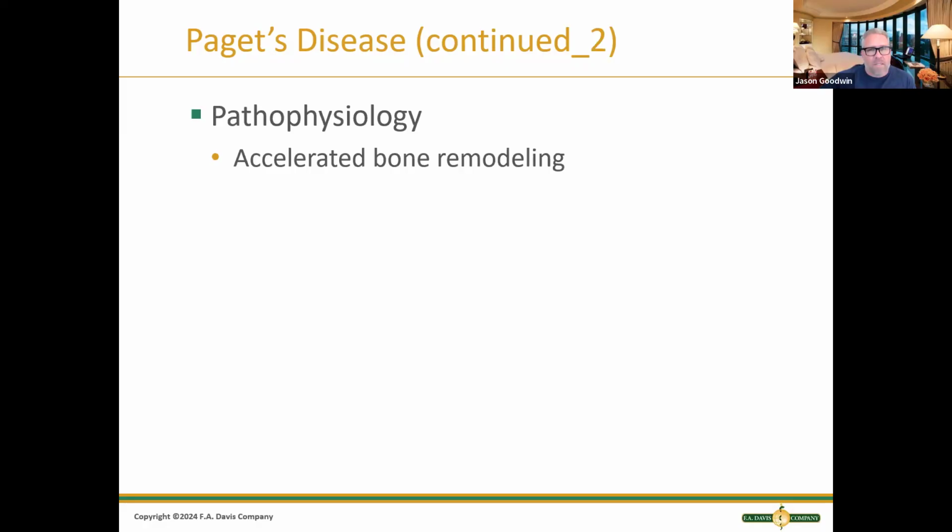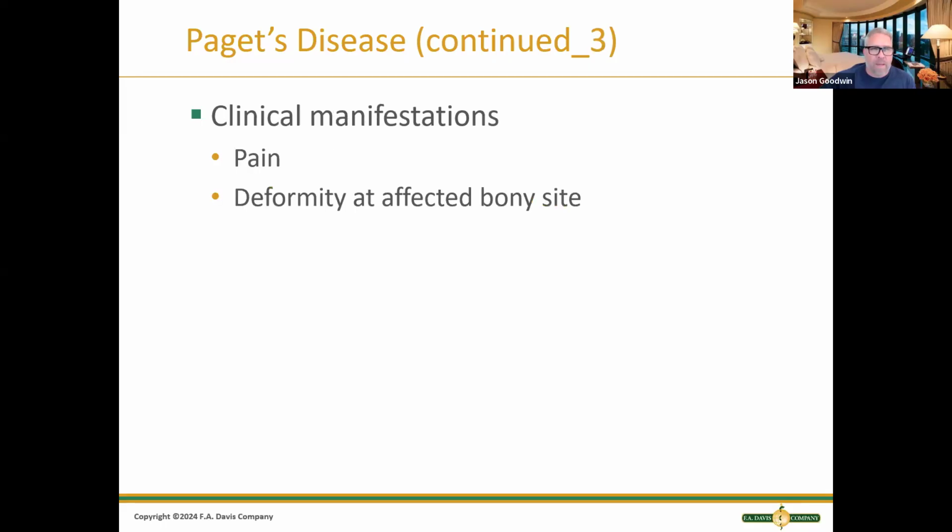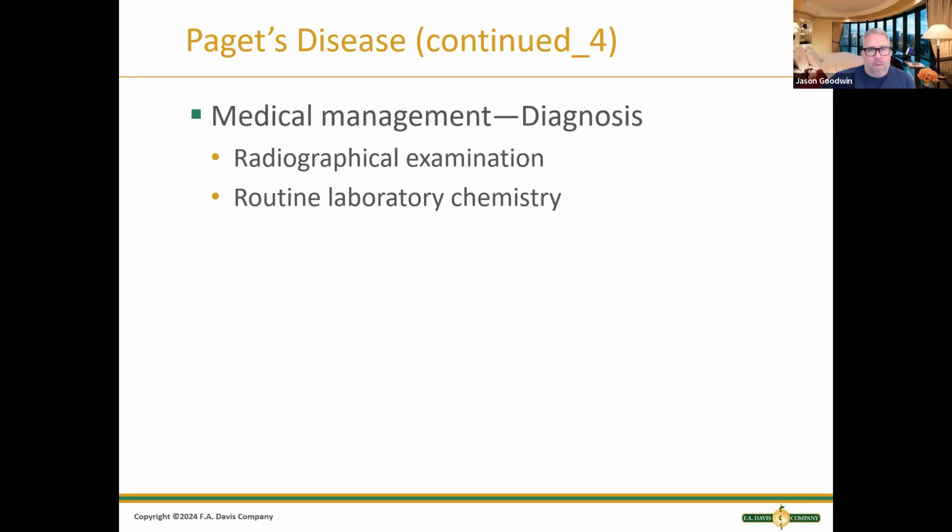So what it's going to do is accelerate bone remodeling. So it's going to cause enlarged, disorganized bony structures, deformities, and fractures, Paget's disease. You'll see pain and deformity at the affected bone site, but the first manifestation might be a fracture. 80% of these are asymptomatic.